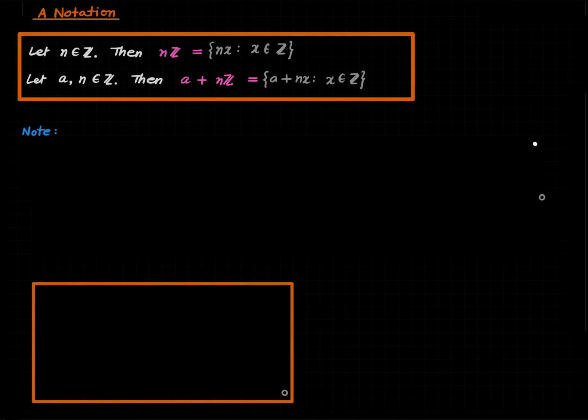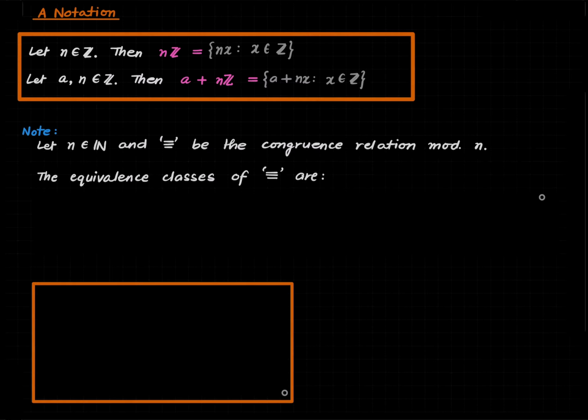Okay, so let's note that if we have some natural number n, and this is the congruence relation modulo n, then the equivalence classes under this relation are precisely nZ, 1 plus nZ, 2 plus nZ, up until n minus 1 plus nZ.